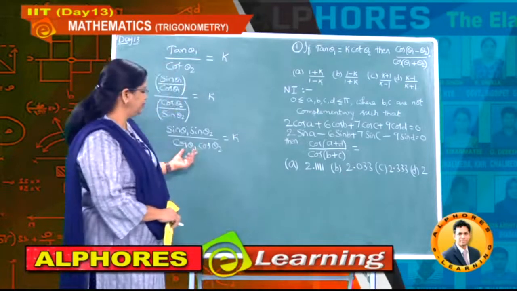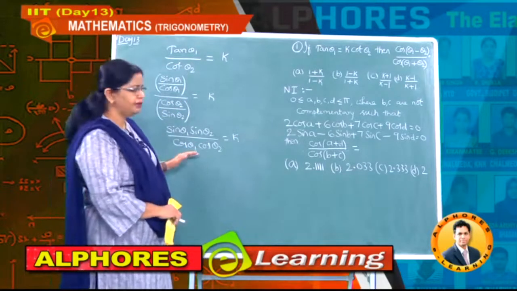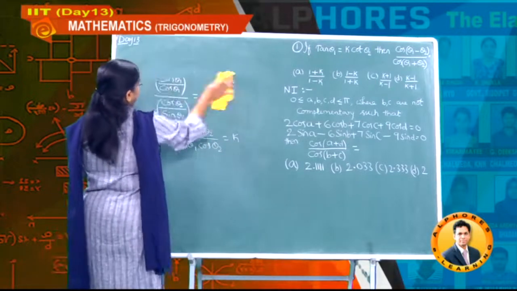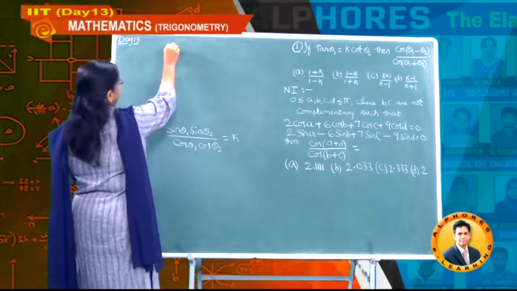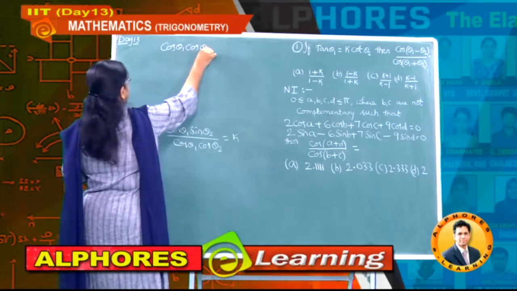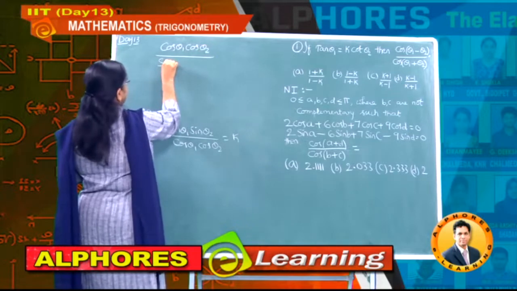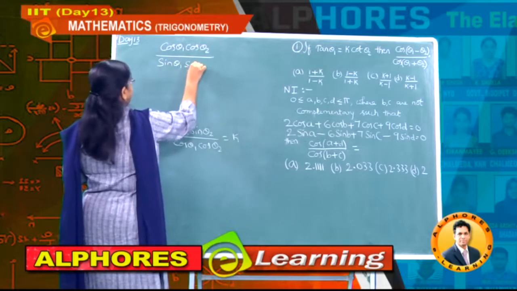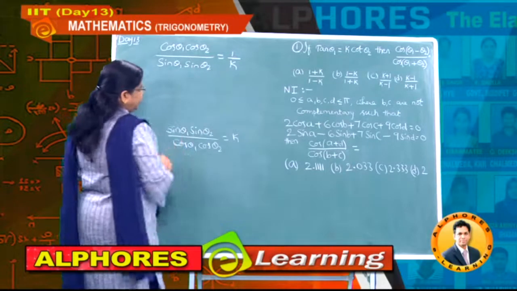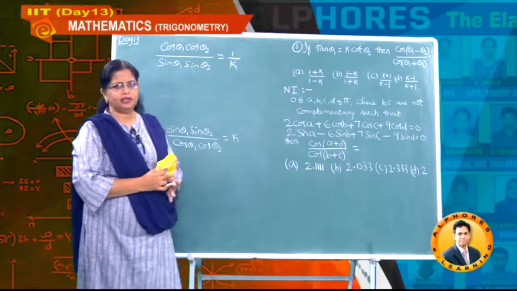That is why I am using this one just by taking the reciprocal. That means what is the value now I am going to take? It is nothing but cos theta 1 into cos theta 2 divided by denominator sin theta 1 into sin theta 2. Now what is this value here? 1 divided by k. Just we have taken the reciprocal.